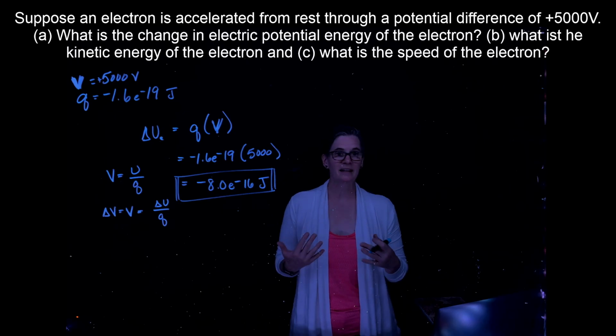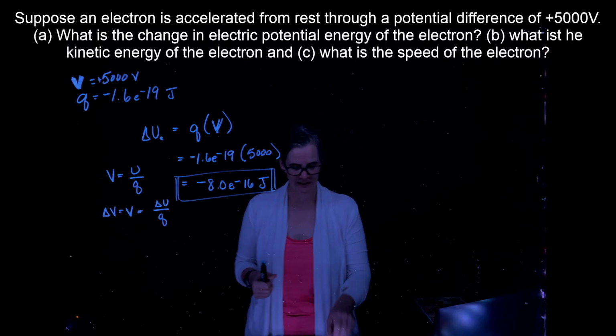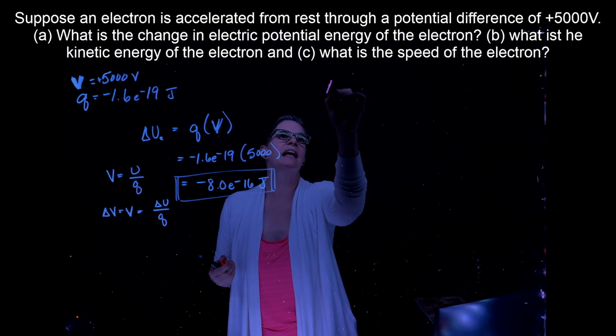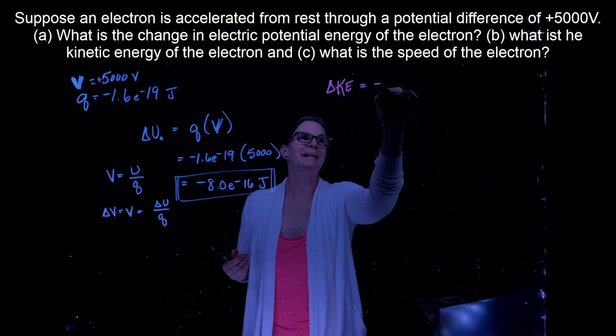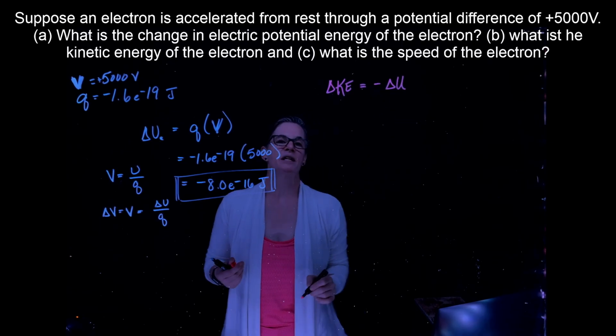What's the kinetic energy of the electron? This goes back to the work-energy theorem and conservation of energy, which tells us that the change in kinetic energy is equal to minus the change in the potential energy.